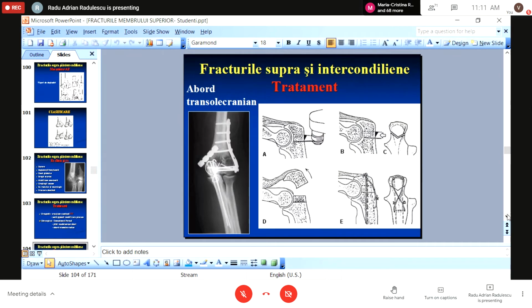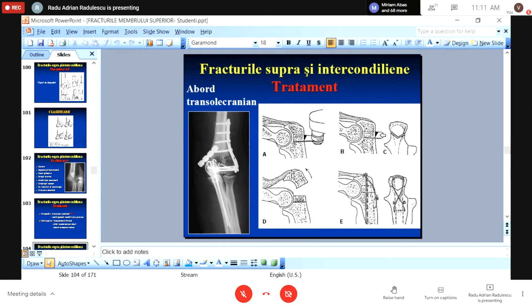And the most used technique for this type of fractures is by cutting the olecranon. So the approach needed to see the articular surface of the distal humerus will be by cutting the olecranon, like you can see here.